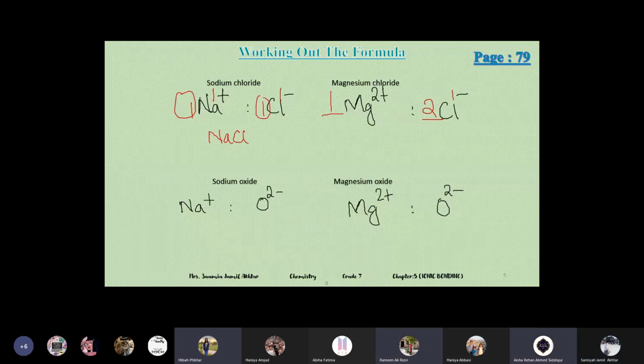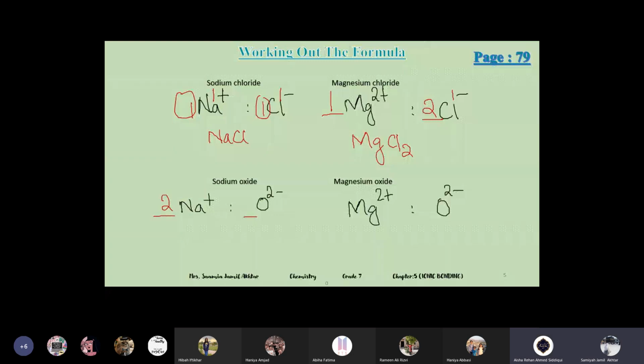So it will be MgCl2. Okay, sodium oxide. For sodium oxide we will write 2 with sodium and 1 with oxygen.